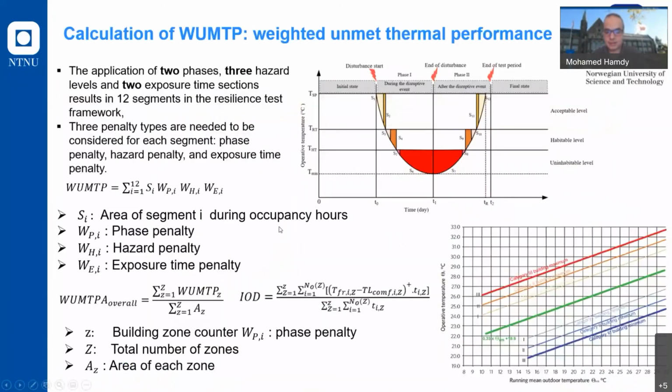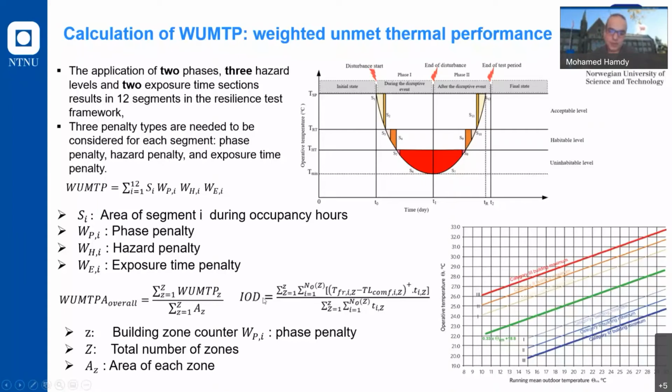The other issue which needs to be considered is multi-zones, because if we consider buildings and take thermal comfort as a performance indicator, not for resilience, but to assess the comfort inside the building, we know there are different comfort levels. It can be static or adaptive, like what you can see in this chart. And for different zones, the criteria can be different.